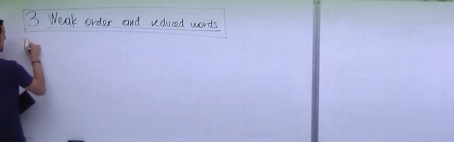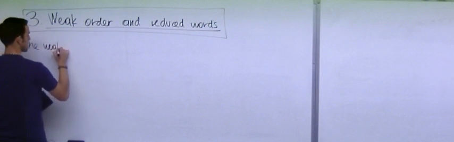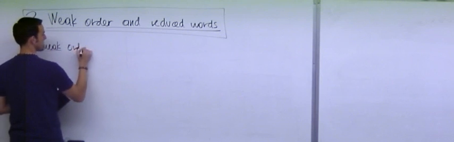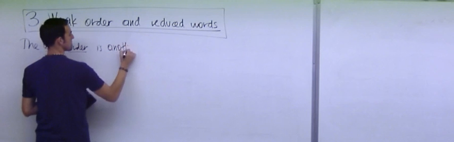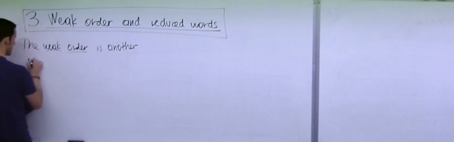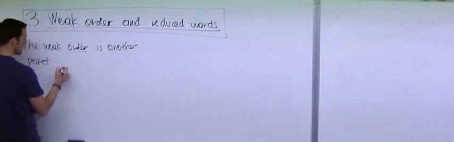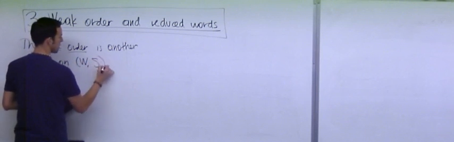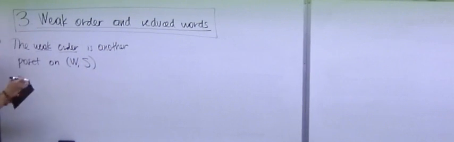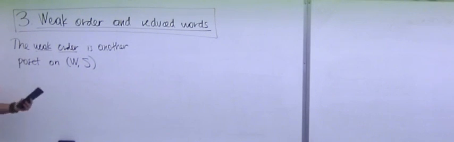So the weak order is another poset defined for a Coxeter system. This poset is going to be very useful for us to understand the different ways of writing an element as a reduced word.